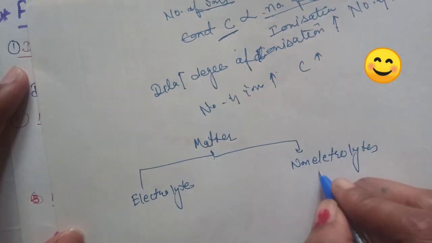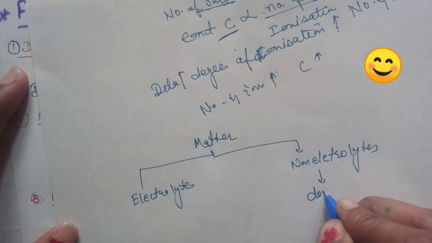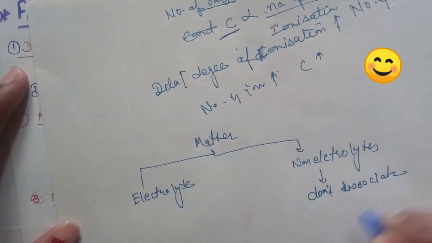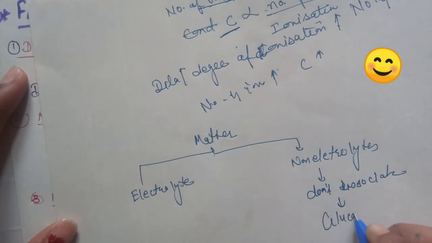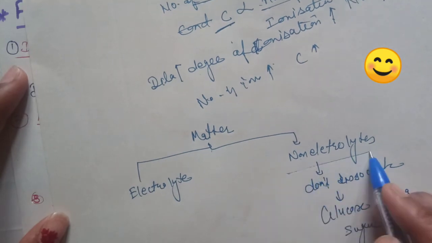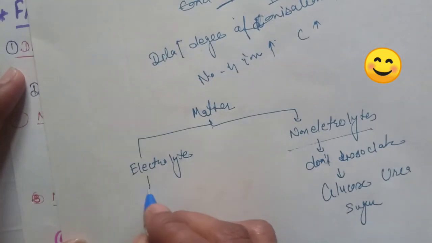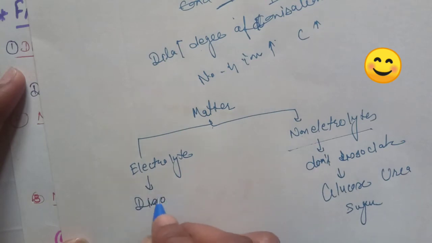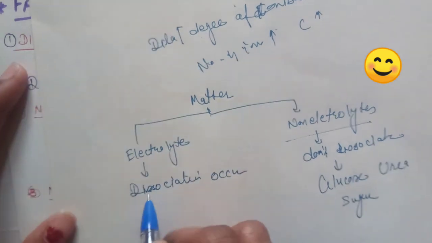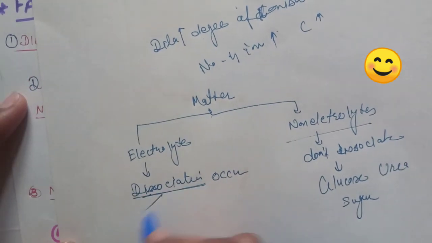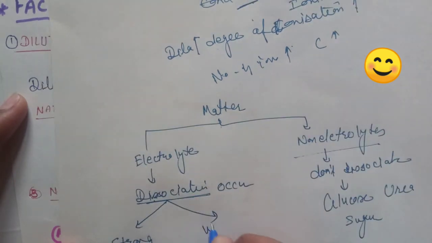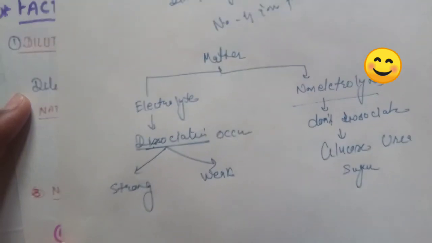Non-electrolytes means they do not dissociate, like glucose, urea, sugar. These are the non-electrolytes. Okay, electrolytes means dissociation occurs. On the basis of the extent of dissociation, these are divided in two parts, strong electrolytes and weak electrolytes.